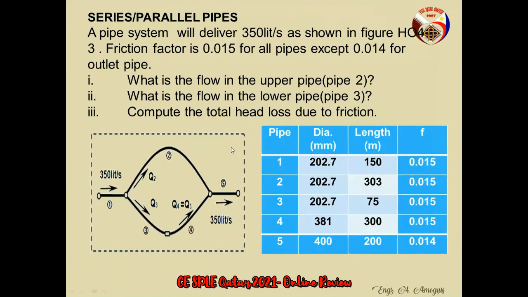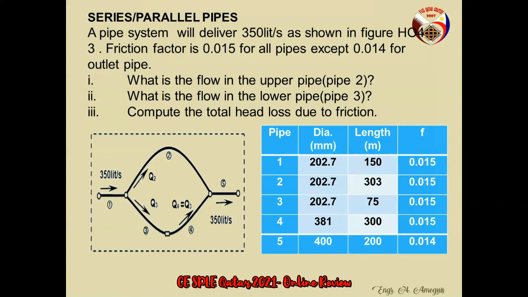Halimbawa, ganito. Series at parallel pipe. Pipe system deliver, actually this is past board exam, to be honest, 350 liters per second, shown in the figure. Friction factor for all pipe, 0.015 except 0.014 for outlet pipe. So yung 1, 2, 3, 4, 0.015.